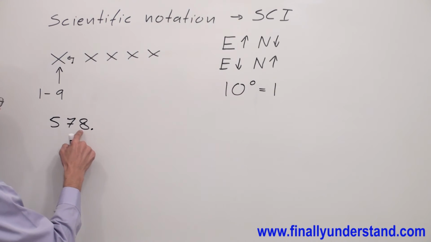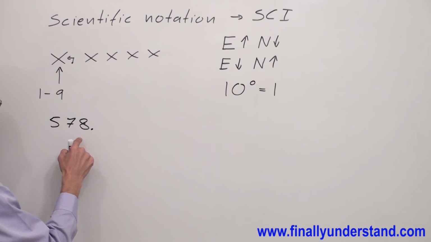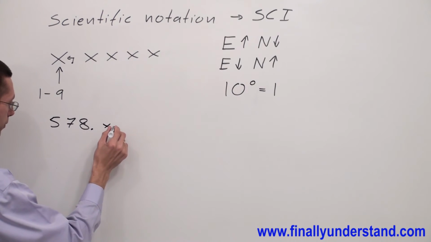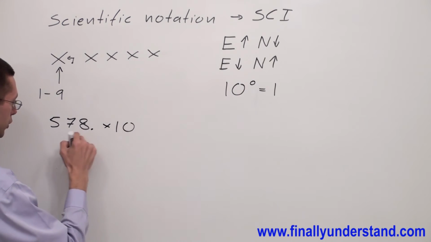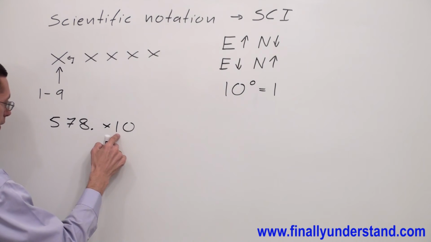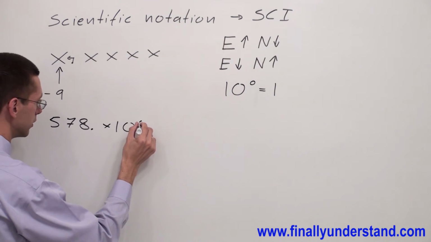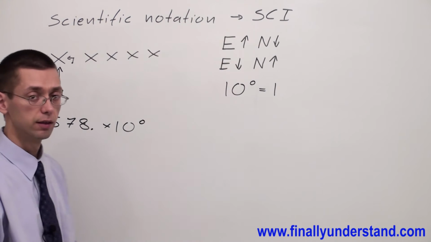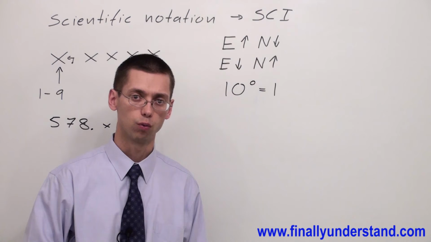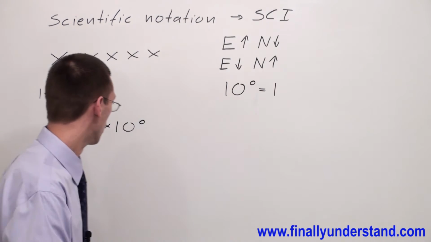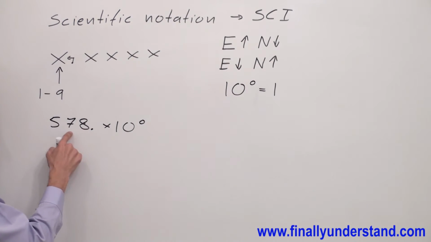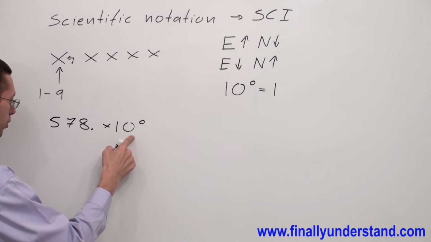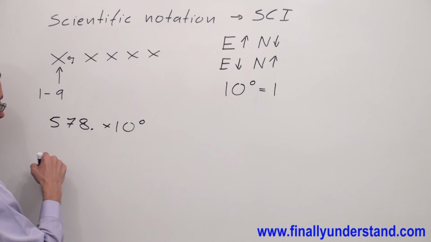Also, anytime we have scientific notation, we use powers of 10. Anytime we do not have a multiplier, we write 10 to 0. Why? 10 to 0 is equal to 1. 1 times 578 is just 578, so this multiplier is not changing my number.